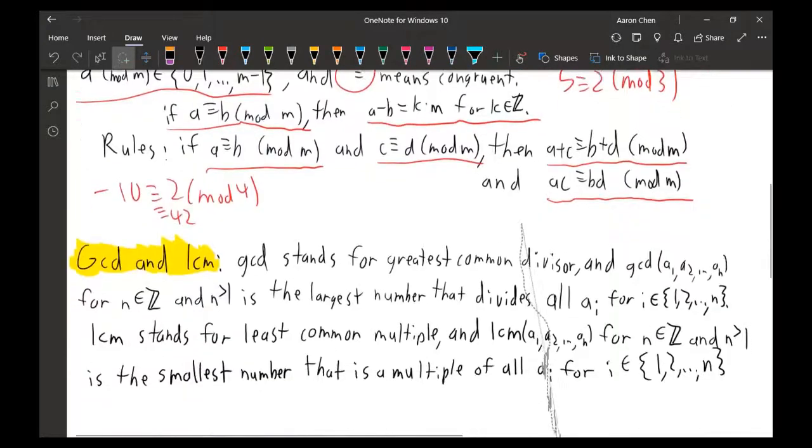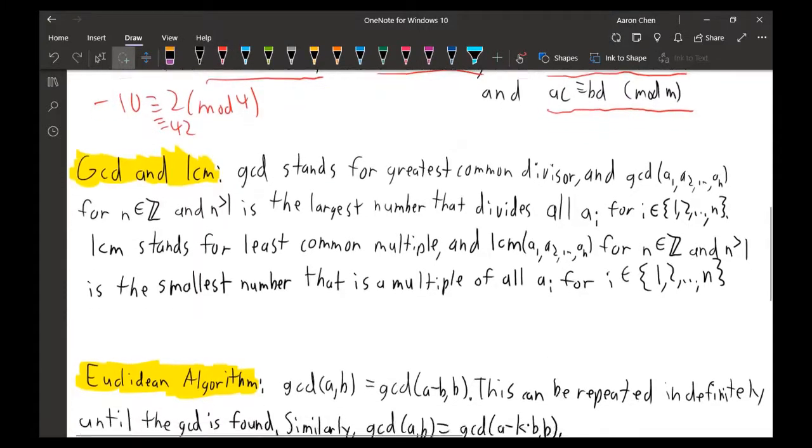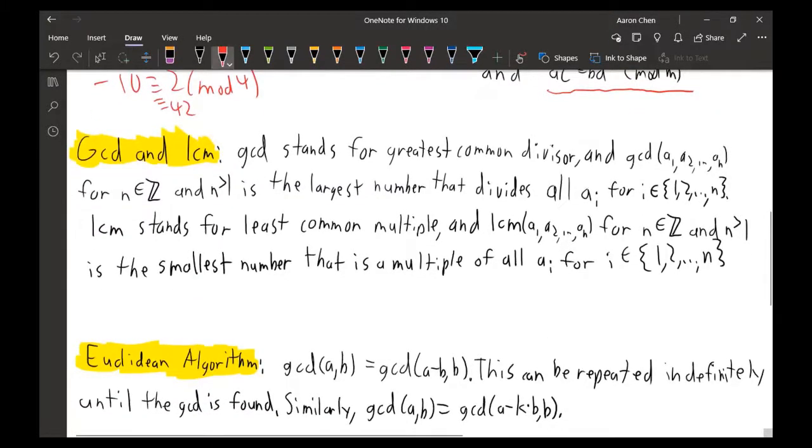And so next is GCD and LCM. The GCD stands for the greatest common divisor. Basically, the GCD of a certain group of n numbers, where n is greater than 1, is the largest number that divides all of the n numbers involved.